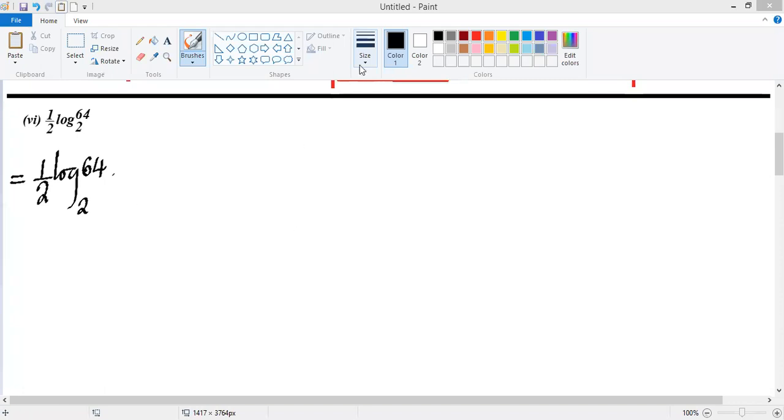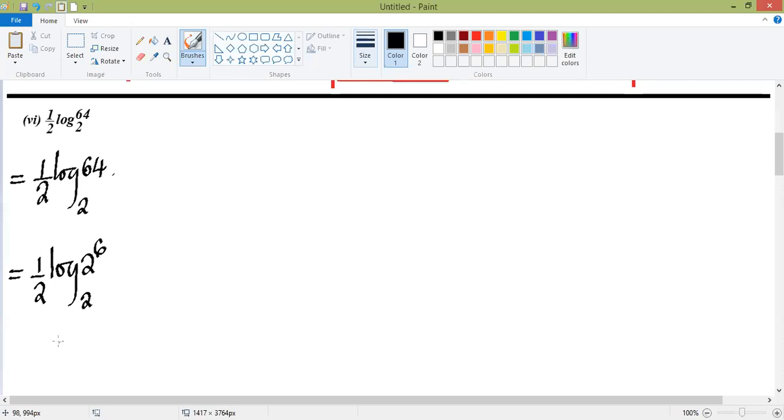When you prime factorize 64, what do you get? Can I have a hand? Power 6. Yes, Zion has given himself the right to power 6. So that 64, when you prime factorize it, gives 2 to power 6 base 2.